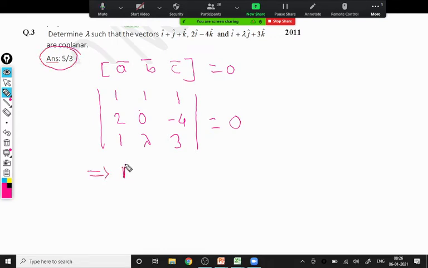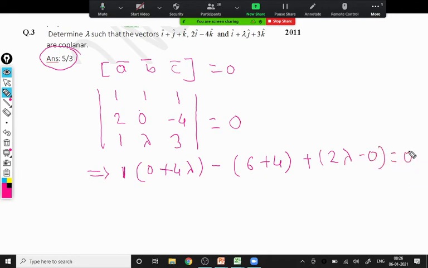Let me expand along the first row. 1 into its minor: 1 into this is 0 plus 4 lambda, this time minus 1 into this is 3 into 2 is 6 plus 4, and plus this is 2 lambda minus 0.